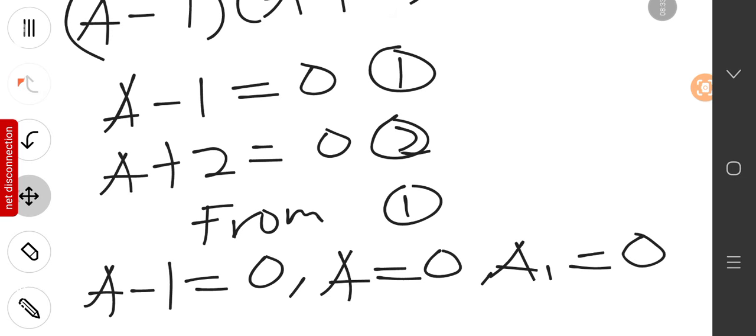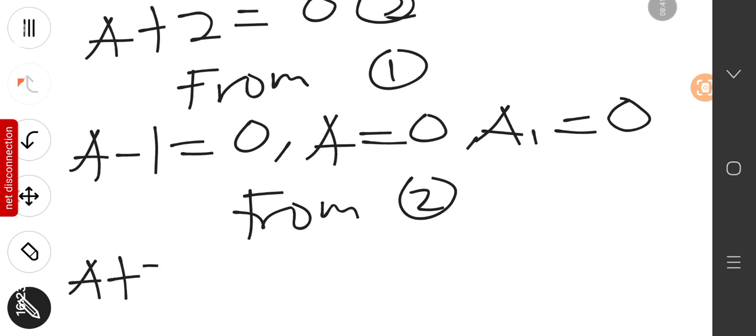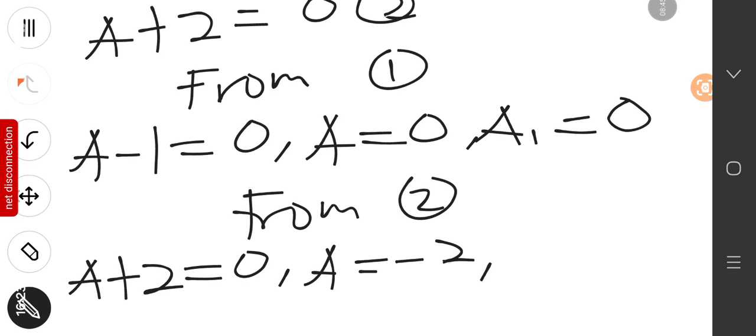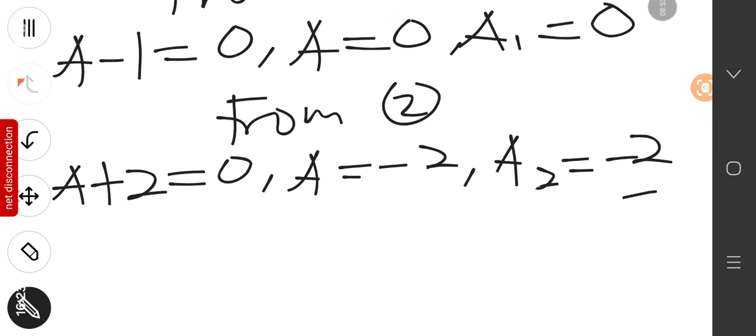Now from equation 2, a + 2 = 0. So a = -2, a2 = -2. Now, we are getting a negative here.